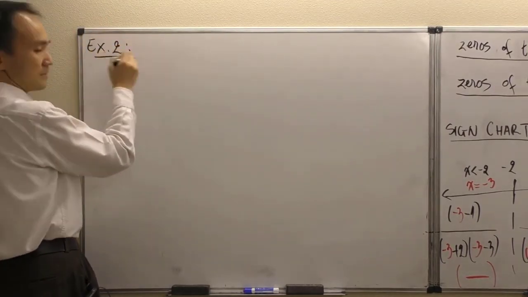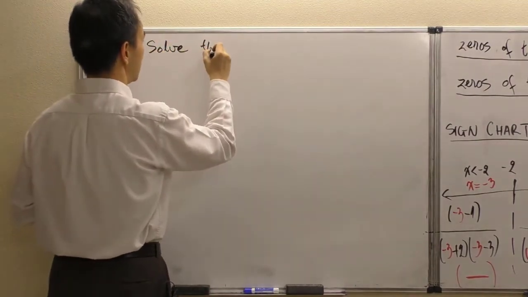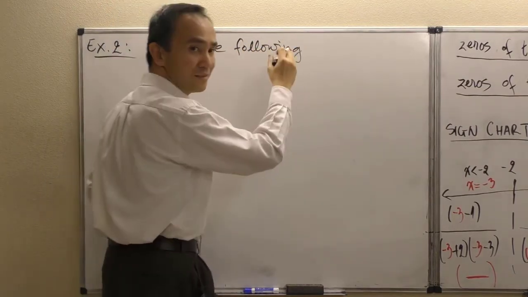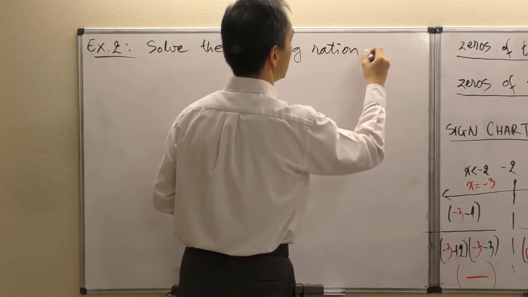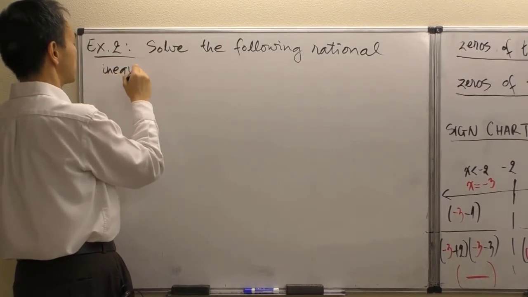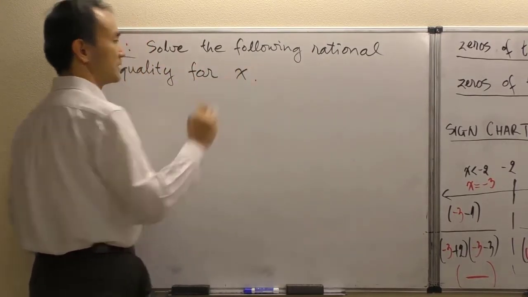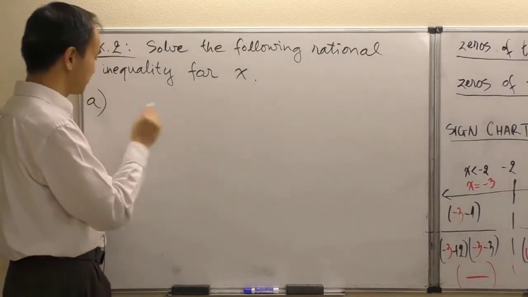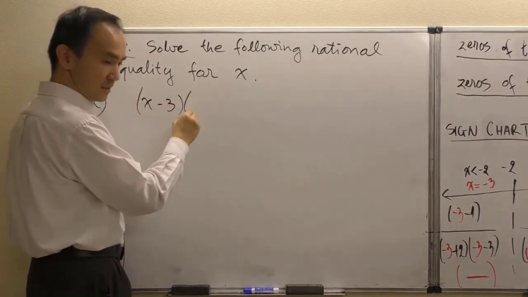So now let's solve the following rational inequality for x.